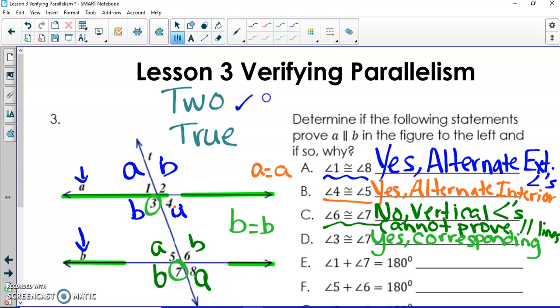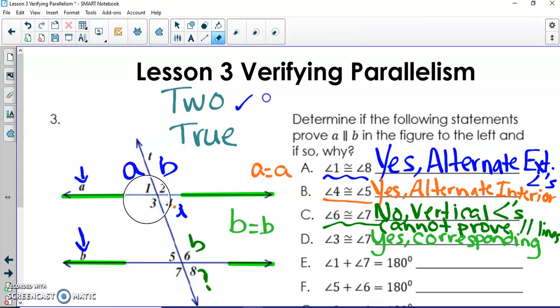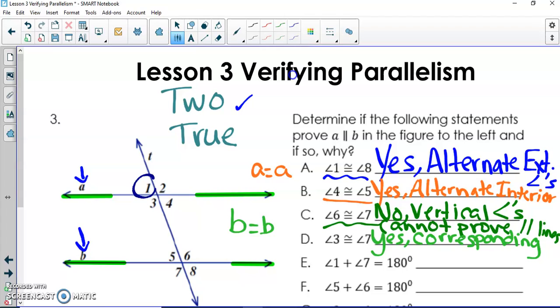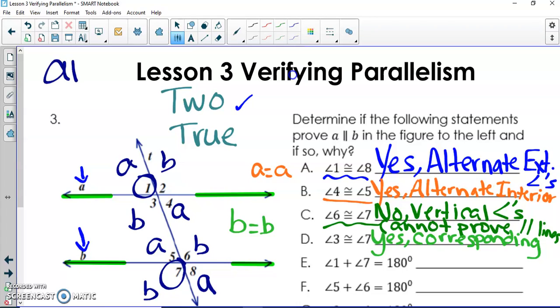Letter E tells us that angle 1 and angle 7 are going to be 180 degrees. So angle 1 and angle 7 are currently 180 degrees. If I have my A's and my B's that I just erased, you have an A and a B, and we know that A's plus B's are equal to 180.